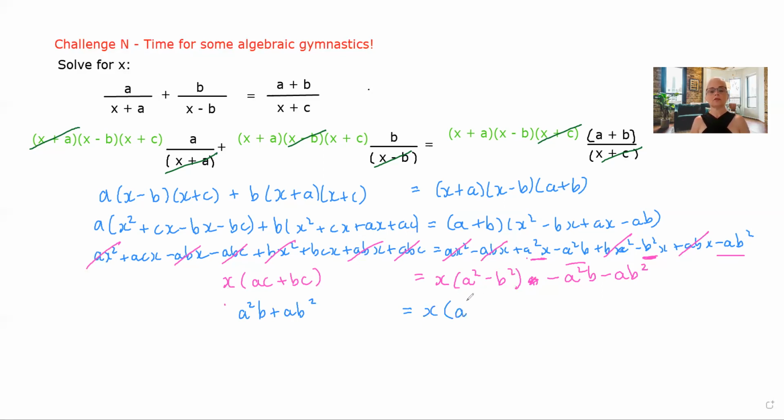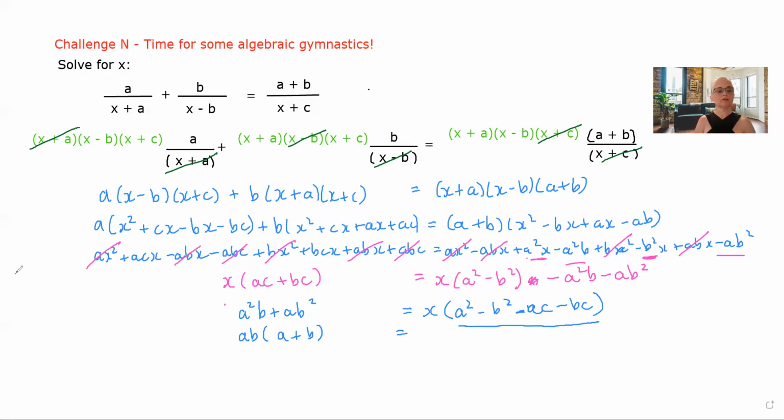So I've got a squared minus b squared minus ac minus bc. I've got to do a minus because I'm taking away those terms from both sides. All right, let's see what we're going to get here. We want to try and simplify this as much as we possibly can. On the left-hand side, we can get an ab as our common factor, and we're going to get a plus b.